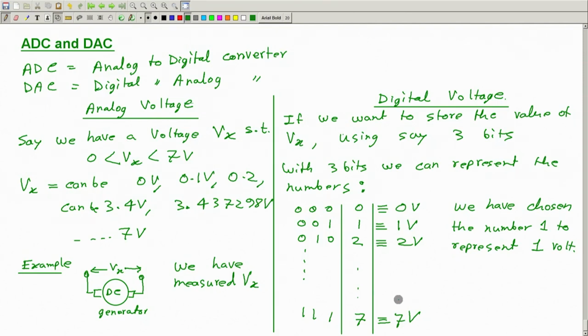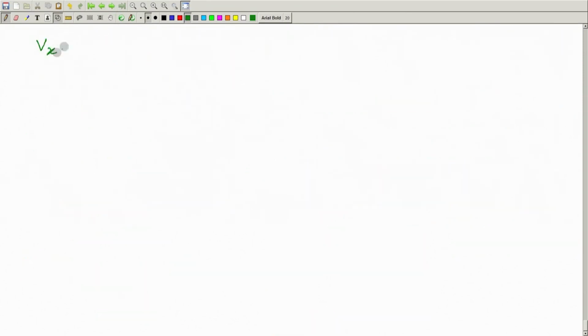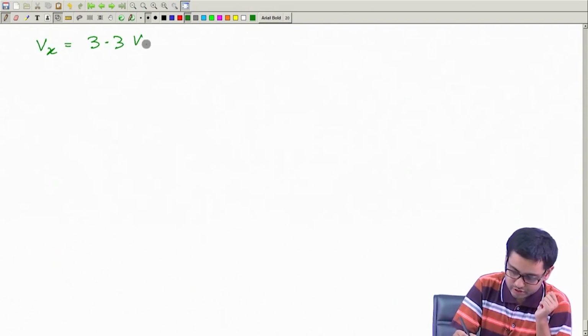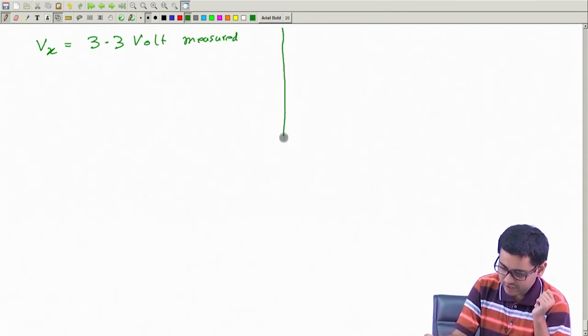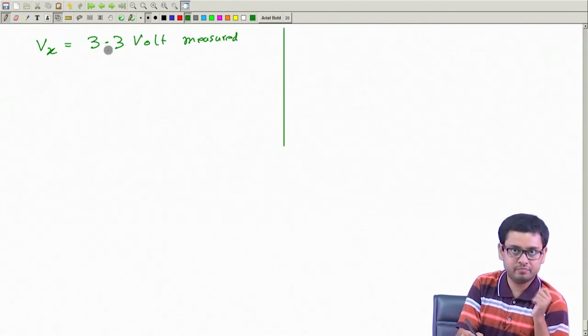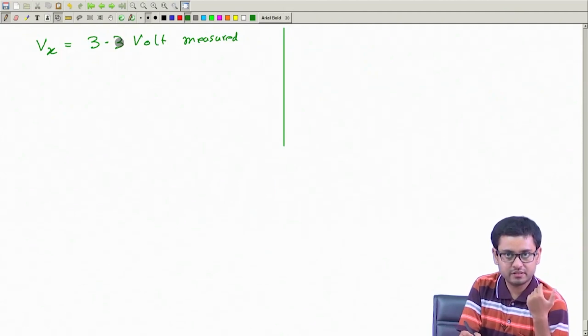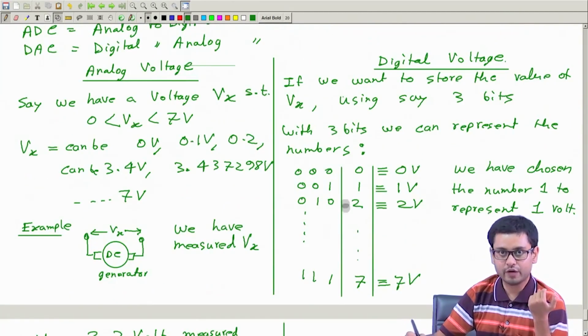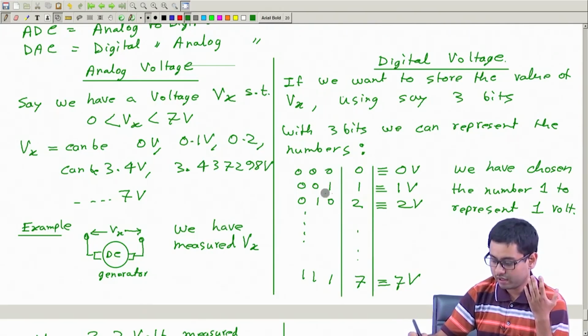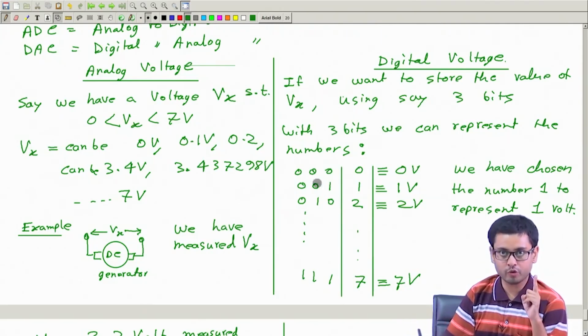Now if we have Vx equal to 3.3 volt measured, we cannot represent 3.3 using this previous scheme where we have 3 bits and each number represents 1 volt.